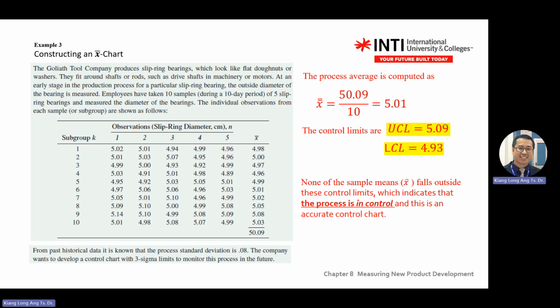No, there's one very near. The lower limit, 4.93. Is there anything less than 4.93? No, right? But you can see the data, most of the data is moving towards this one by reading the numerical data. Okay, so none of the samples fall outside, so the process is in control.